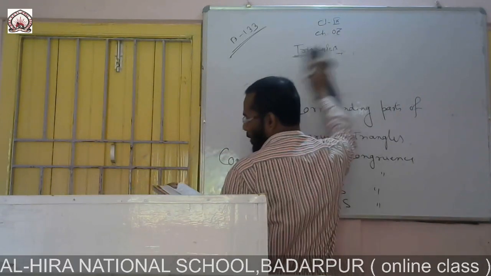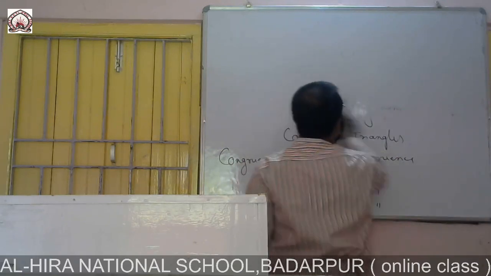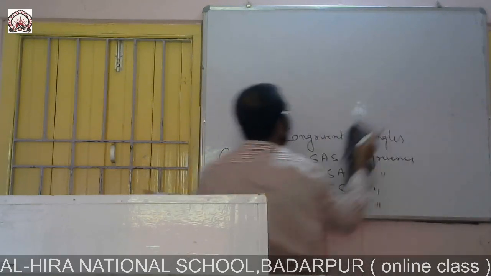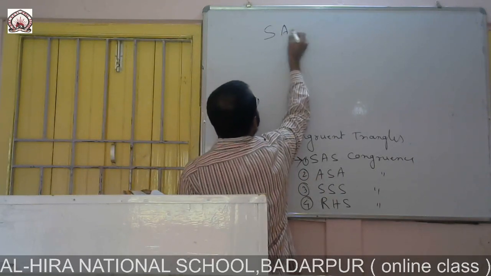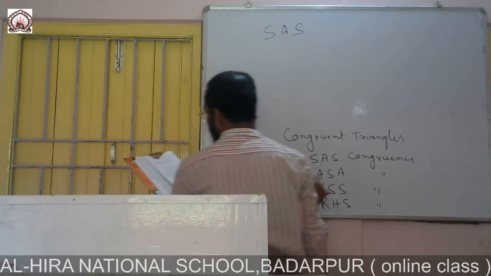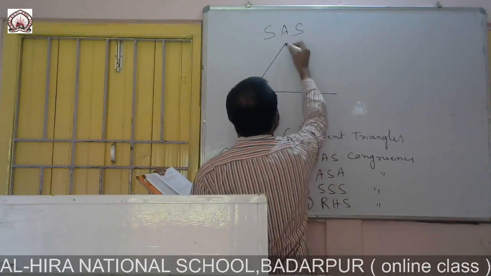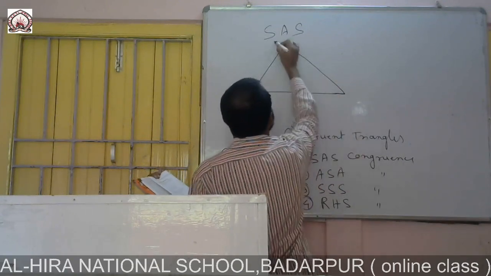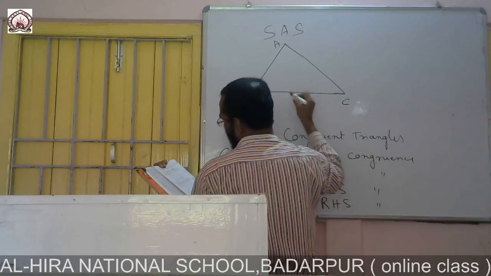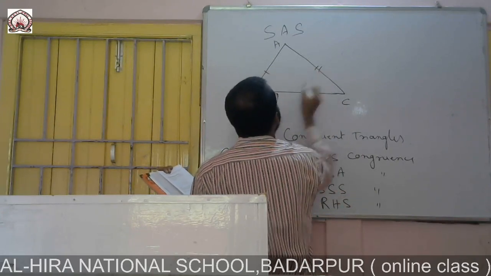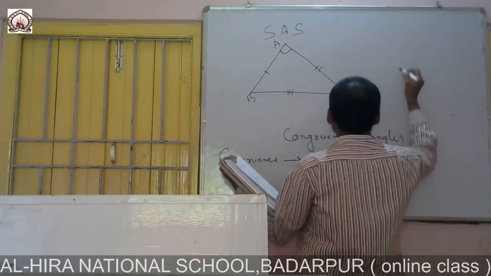Suppose this is a triangle ABC and this is a triangle PQR.